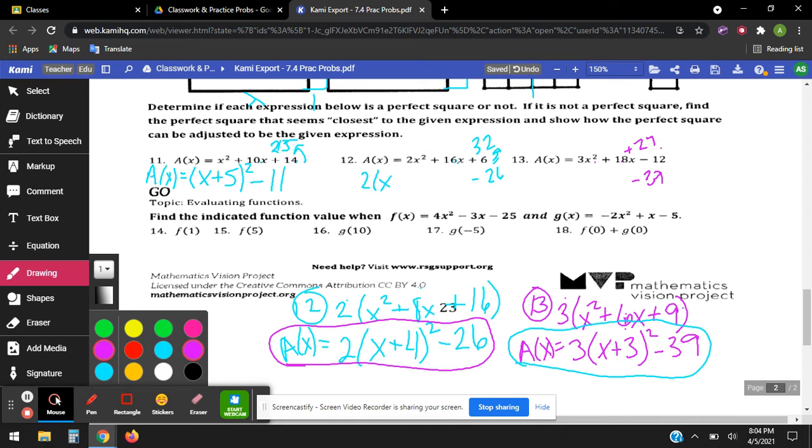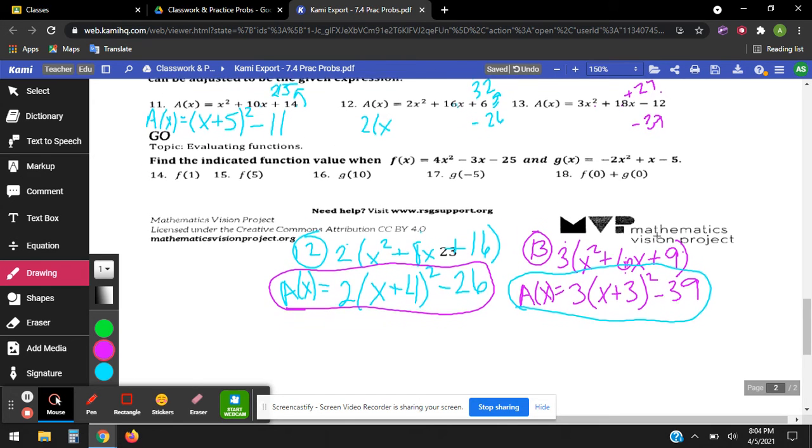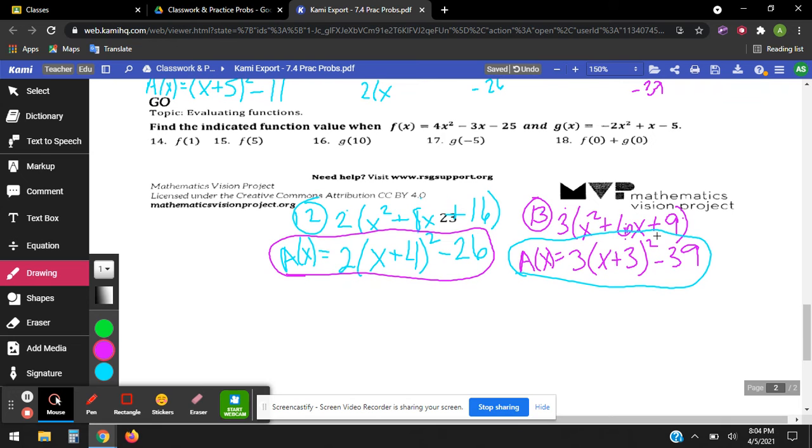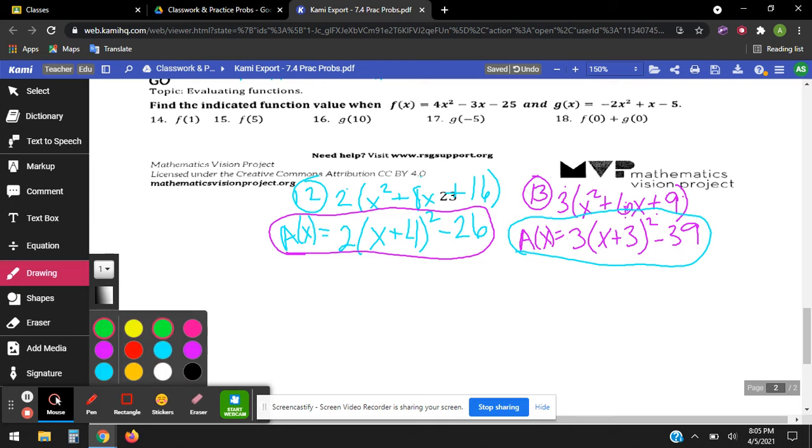All right, 14. Find the indicated function value when f of x equals this and g of x equals this. Okay, so f of 1. So let's go ahead and do these down below since I'm going to run out of some room here.